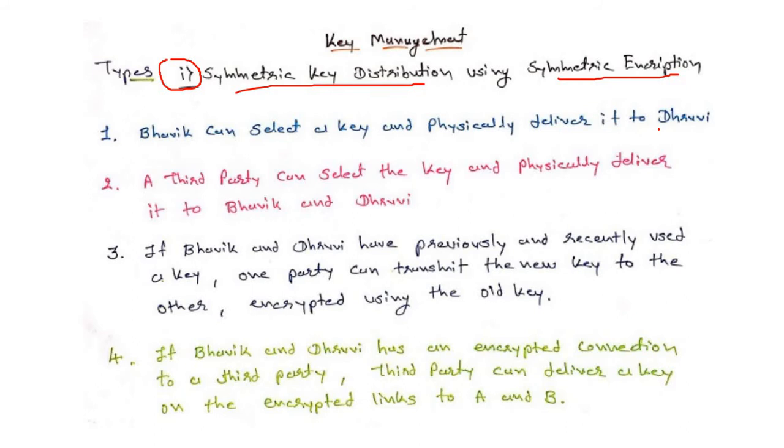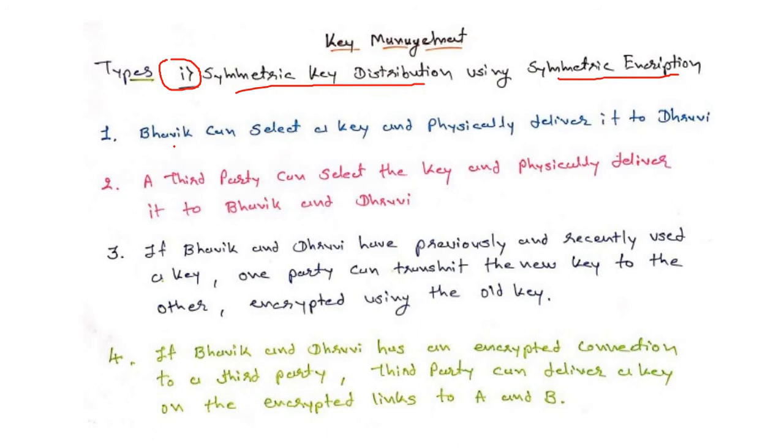One possibility is that there is a requirement of 2 separate keys, one with each member. Suppose 2 different keys are not available and there is a single key for a lock. Whenever we lock our home, one person is bringing the key, and if another person requires the key, that person will ask the first member. Same thing here: Bhavik can select a key and physically deliver it to Dhruvi, so Dhruvi can open the lock.